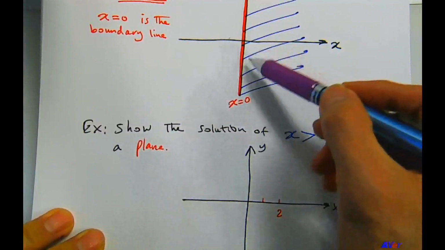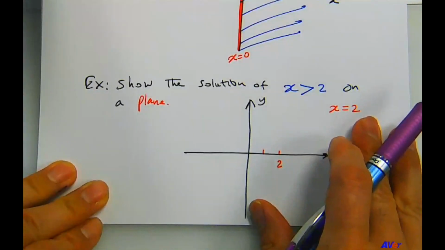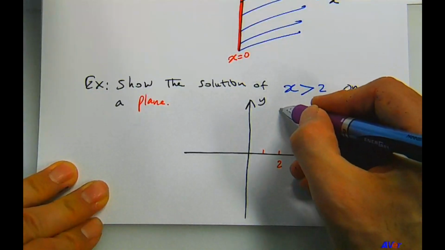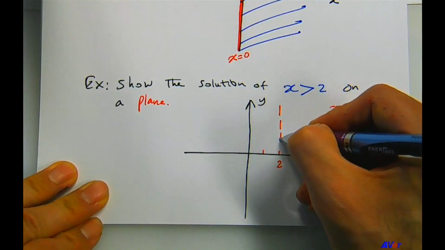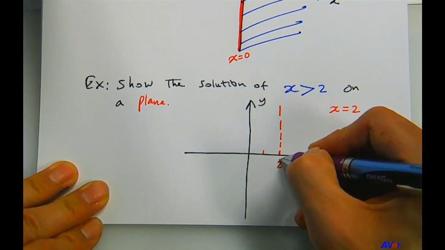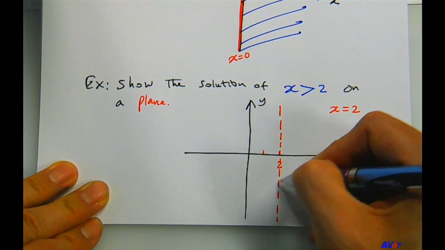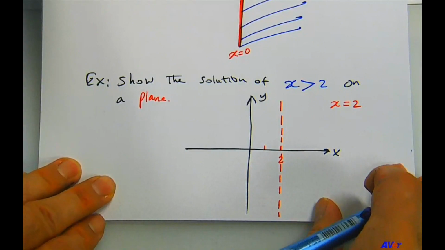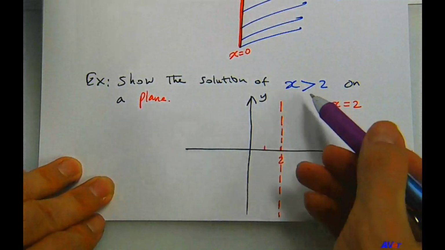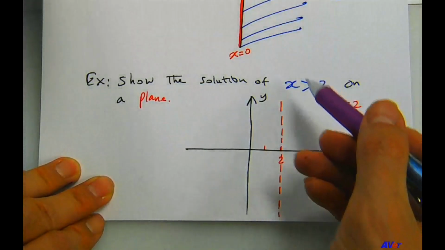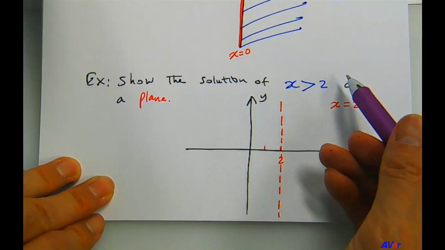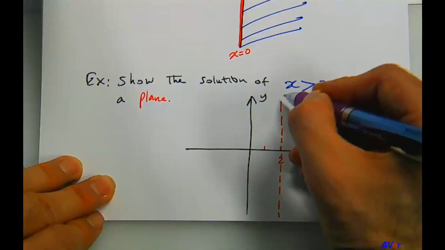We show that as a dashed line, because the dashed line is not part of the solution of this inequality. Only any value of x that is greater than 2 can be part of that solution.